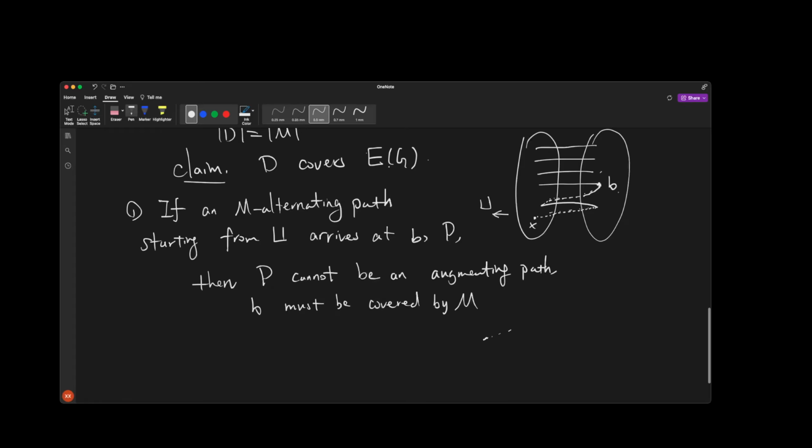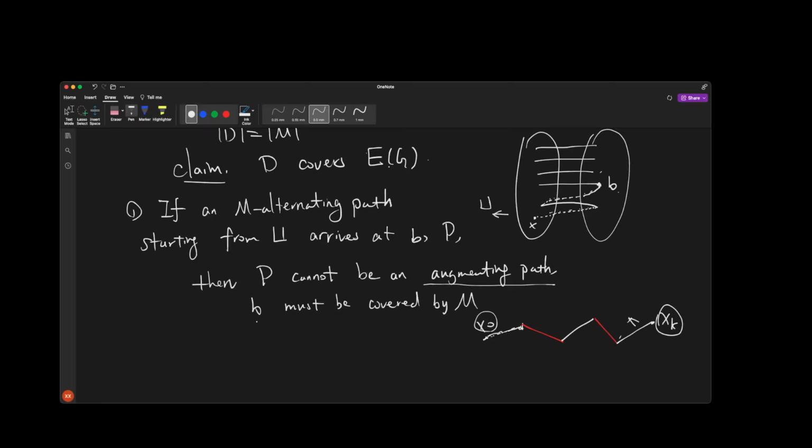You have this edge not in M, an edge in M, an edge not in M, and an edge in M, and you have to finish at a vertex which is not in M. This edge is not in M, and also the starting vertex and the ending vertex are not covered by M. So we arrive at this point B as our end point, and this path P is not an augmenting path, meaning that B must be covered by M. If it's not covered by M, we get an augmenting path, because X is not covered by M.